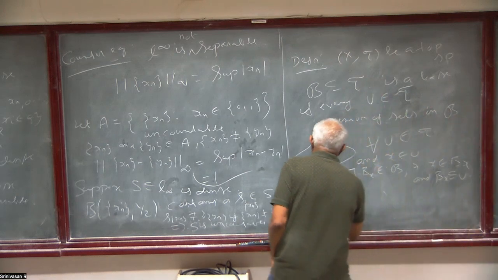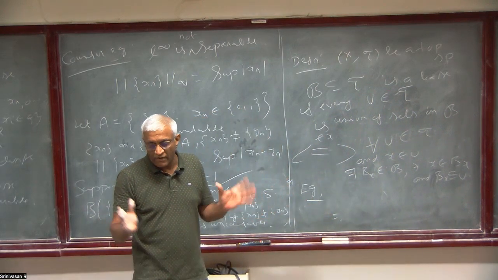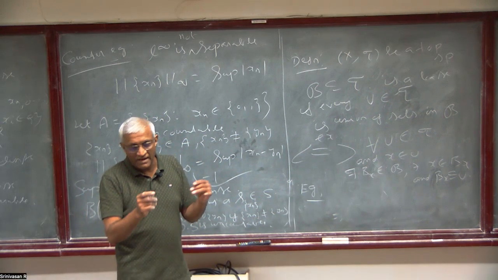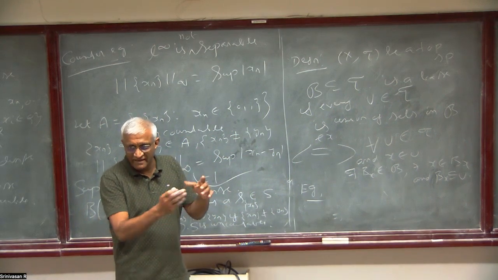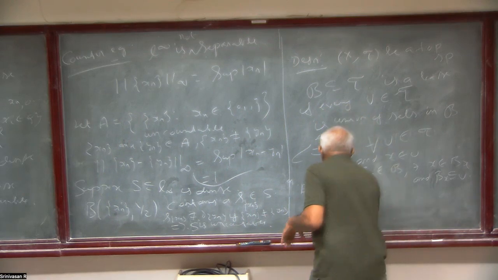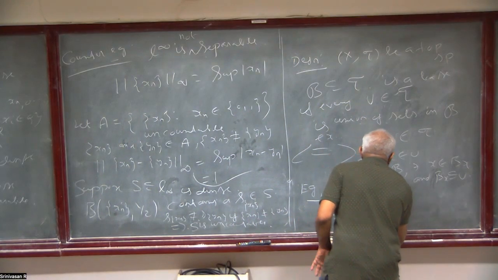So from this you get examples. All open balls form a base for open sets in a metric space, because any open set can be written as a union of open balls. You take open balls which are contained in it and then take the union. But you don't need all open balls. You can take B(x, 1/n). That's enough.